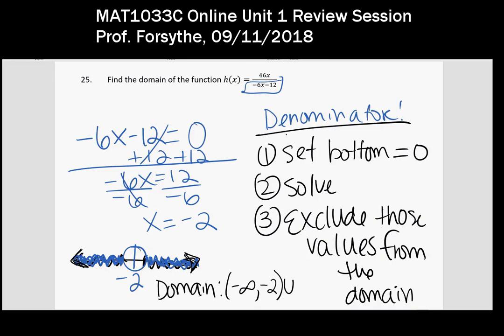We're including them both. And then this next interval starts at negative 2, but we're not including it, and it's going all the way to infinity. So that is your answer for the domain for this function.